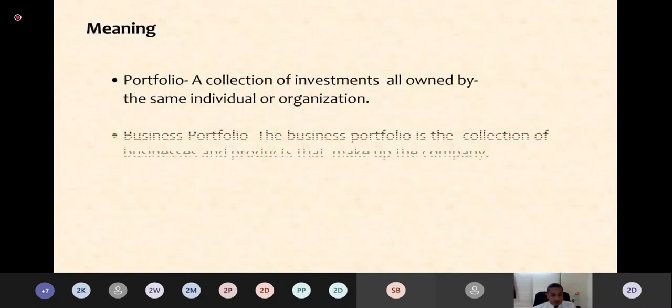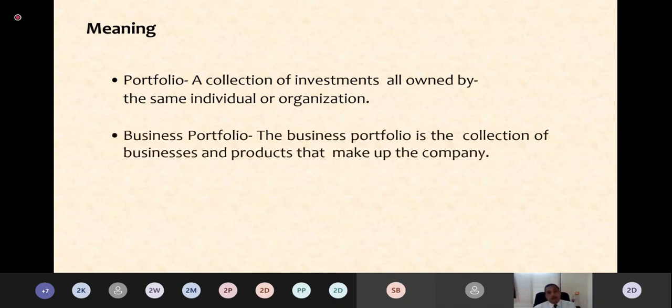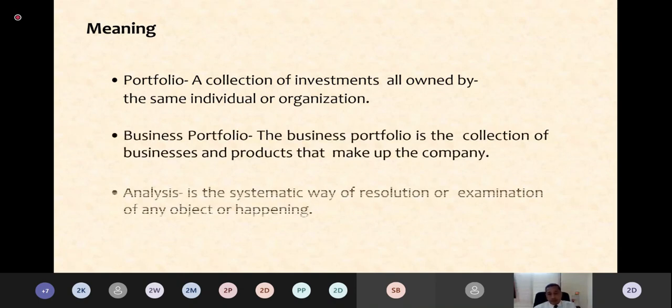When we are talking about business, a portfolio is a collection of investments all owned by the same individual or organization. So the collection of all investments done in different forms and different activities, all owned by the same individual or organization, we can say is the portfolio of that organization.